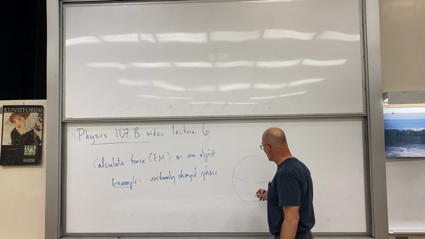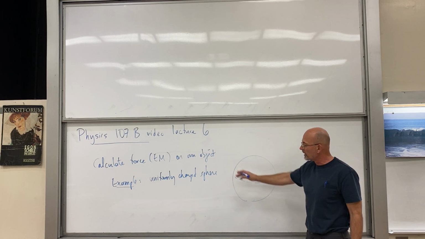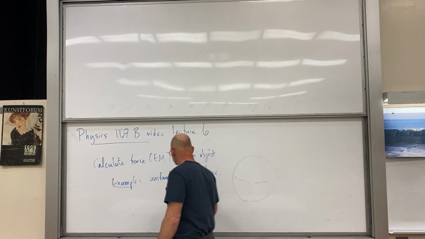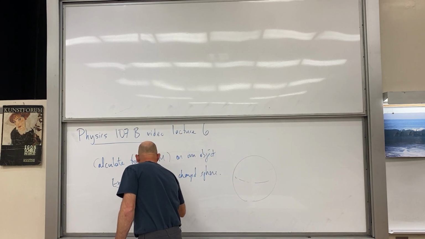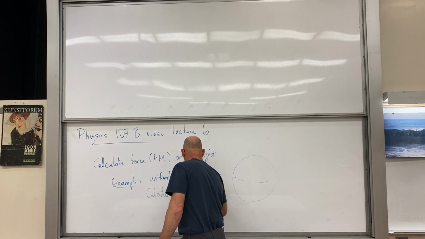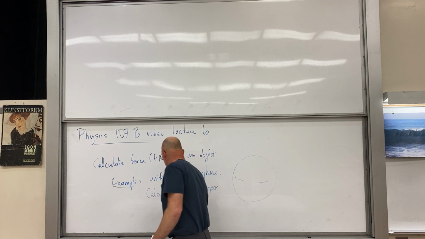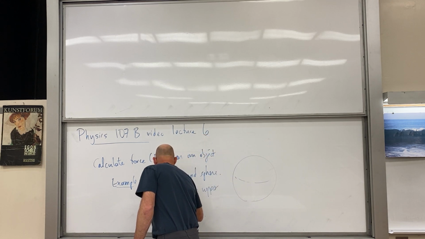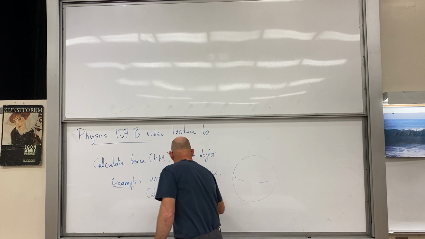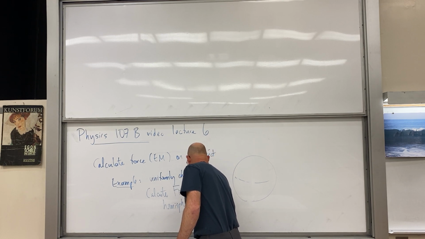But here we're going to ask, what's the force on the upper hemisphere due to the lower hemisphere? So calculate the force on the upper hemisphere due to the lower hemisphere.